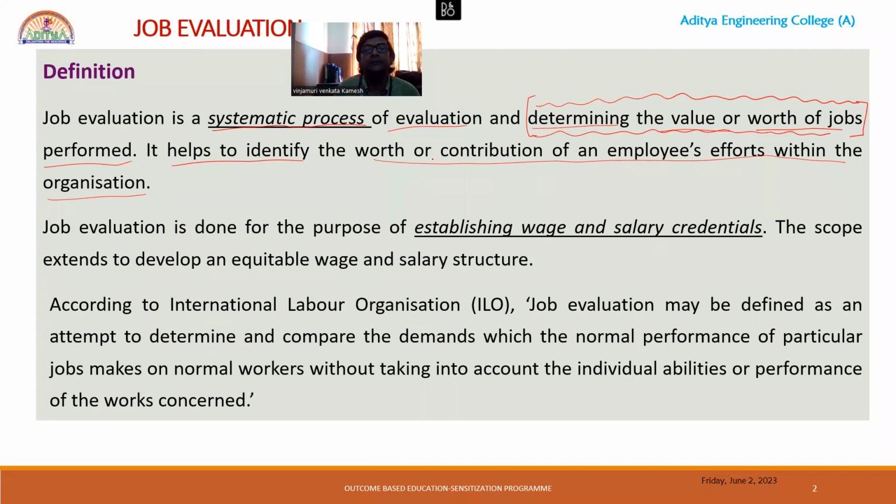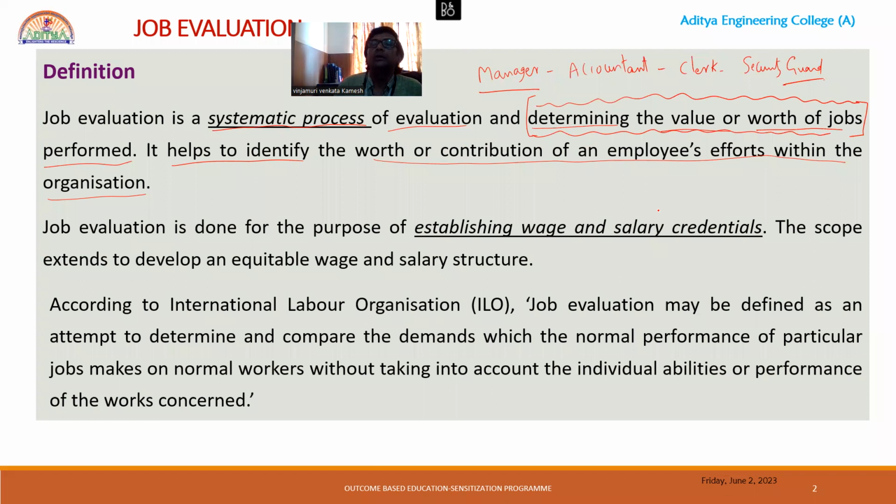Leave it. There is a job called manager. There is a job called accountant. There is a job called clerk. There is a job called security guard. Now, who is heading the post of manager?